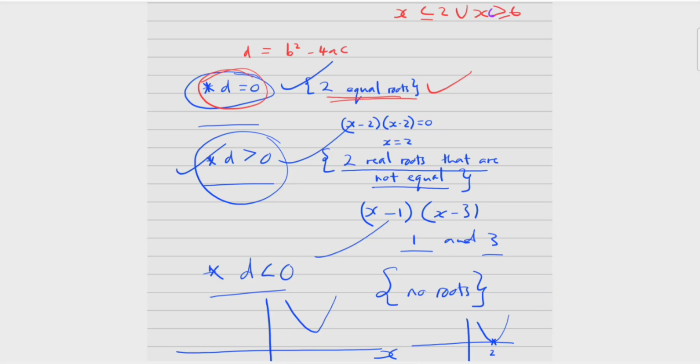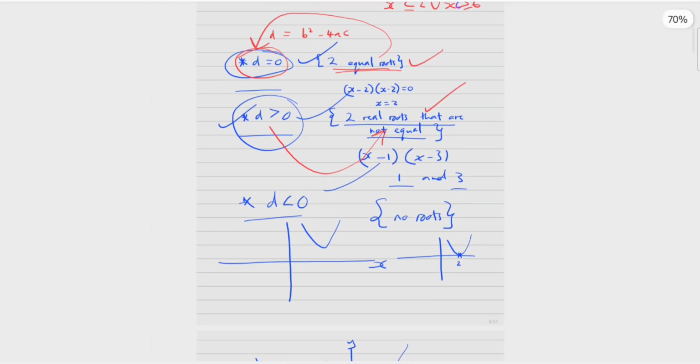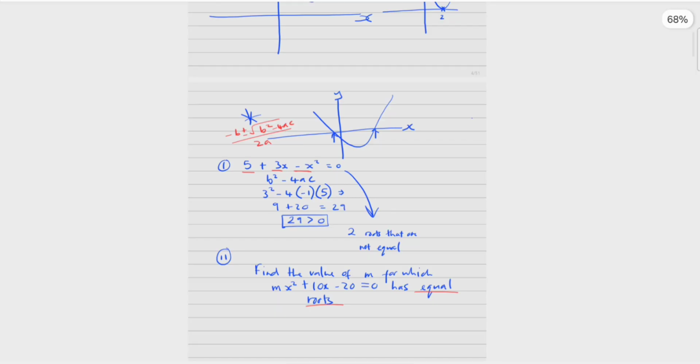So we might be asked to work these ones backwards, so they might give us equal roots, so we'll be using this, or we get the discriminant greater than maybe 0, for example, then we conclude by saying this, right? So for this particular question, they said that it has equal roots.